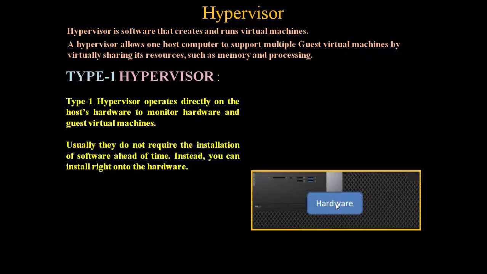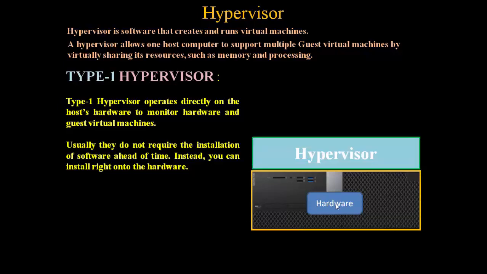Suppose this is the hardware. On that you have to directly install the hypervisor. Previously we said that we have to install an operating system in between this hypervisor and hardware, but in Type-1 hypervisor there is no operating system in between hypervisor and hardware. You have to install the hypervisor directly on the hardware. Now, using this hypervisor, as we discussed, we can install multiple operating systems, and on these you can run multiple applications.